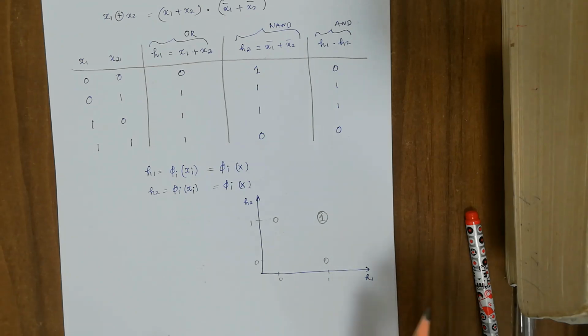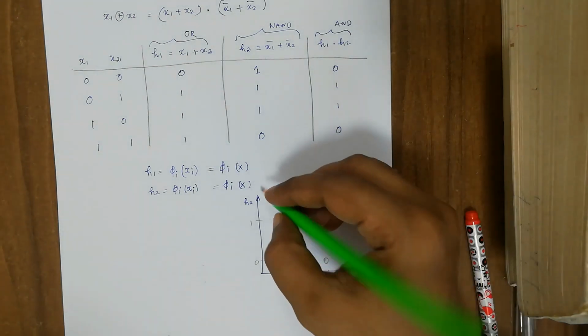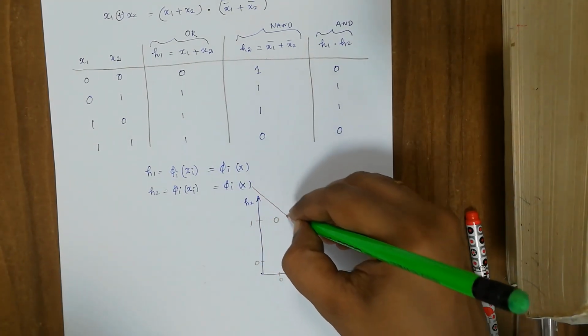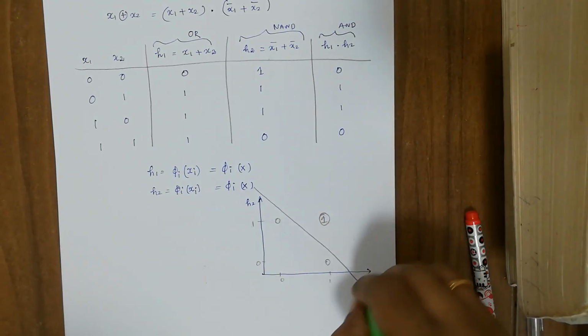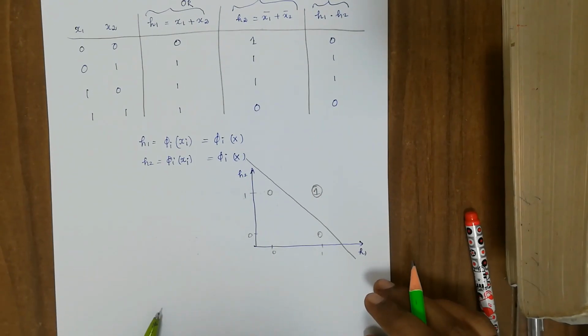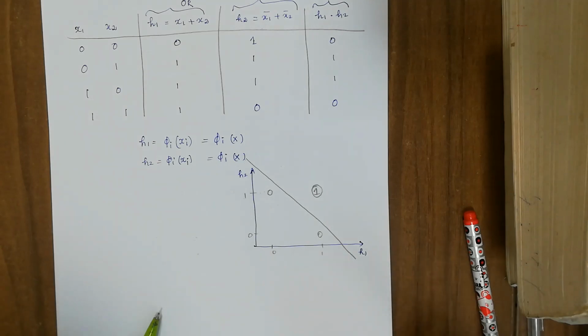Now you can see that it is possible to have a linear equation which is able to separate them in the intermediate space.